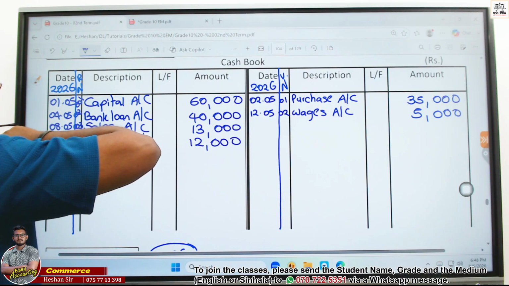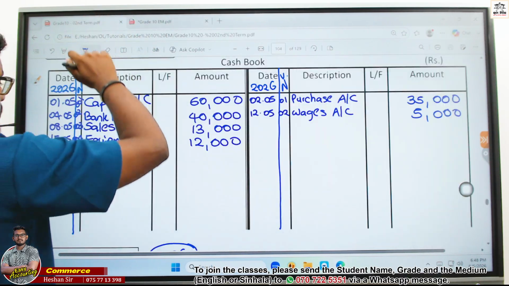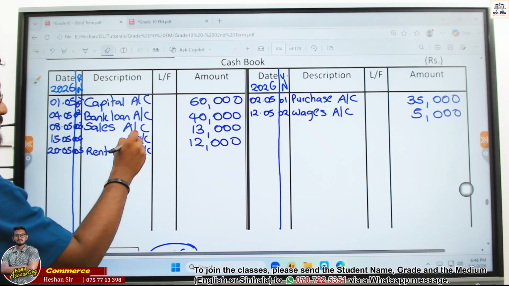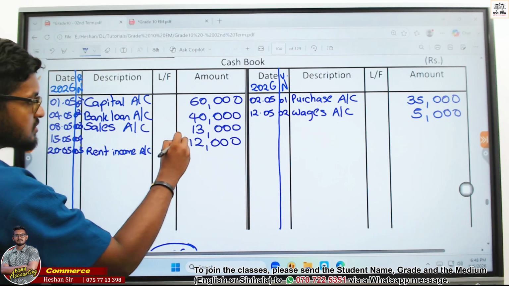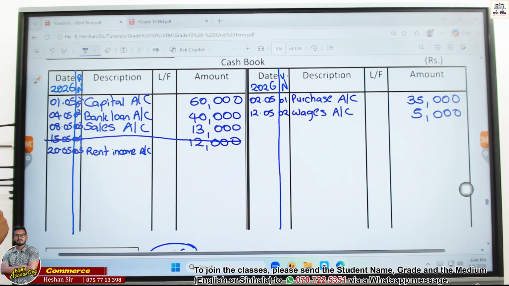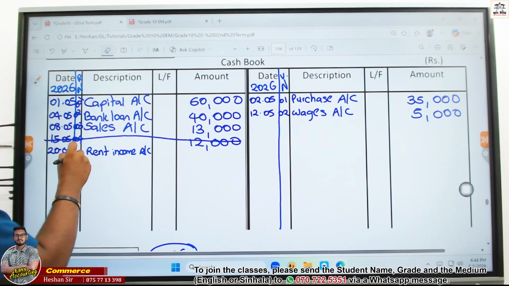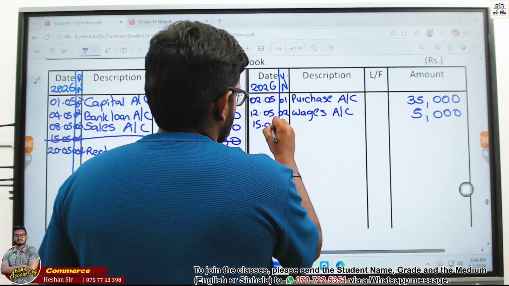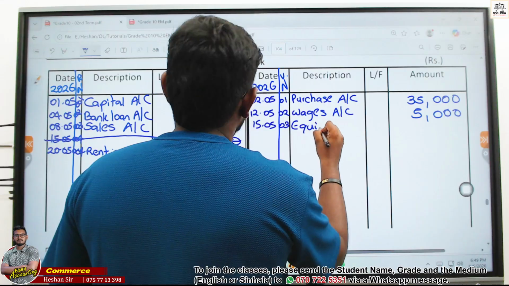We purchased equipment. It should go to the credit side of the cash book. Why? Equipment, 15th of May.